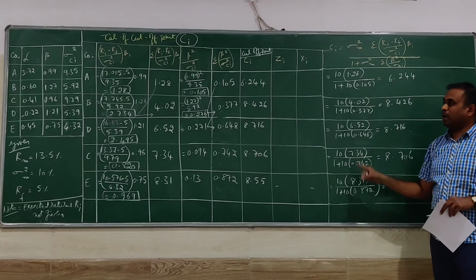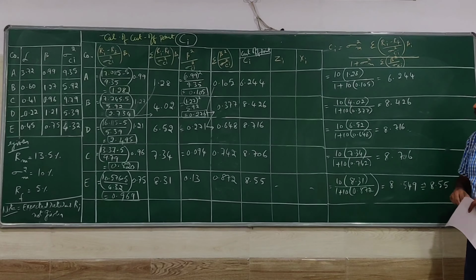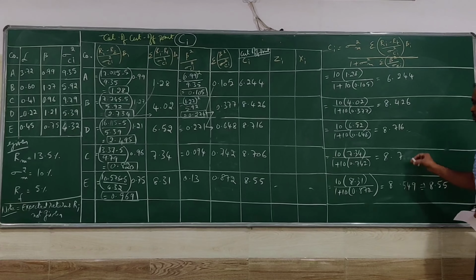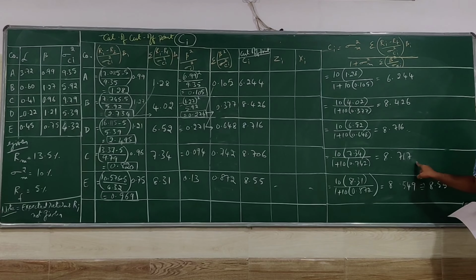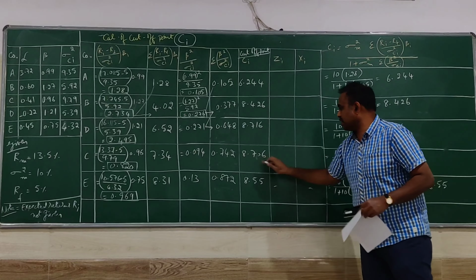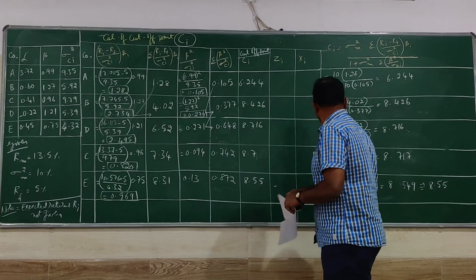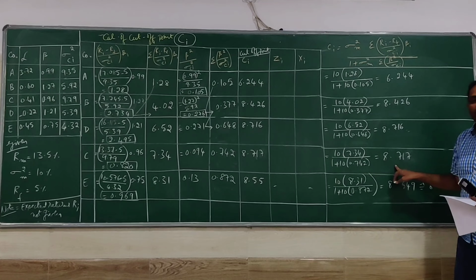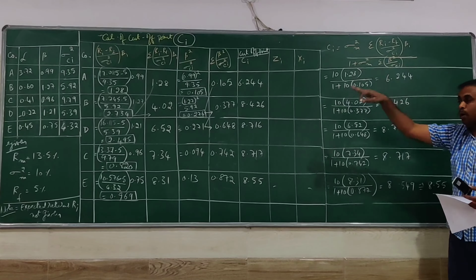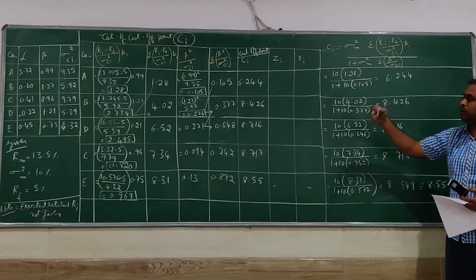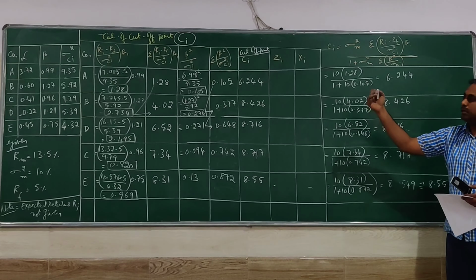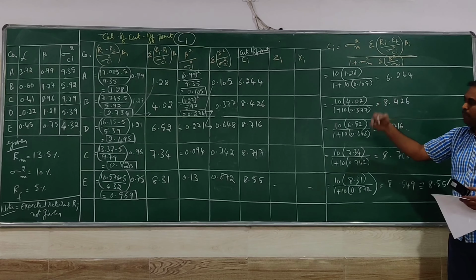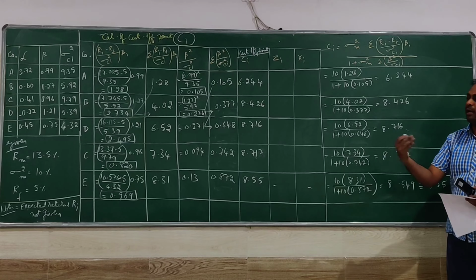I have done the cutoff point. The cutoff point, the C calculation, is going to be 8.717 instead of 706. So I am changing it to 717. So small variations will be happening throughout the problem, because when you are doing the calculation, the decimal points will give you different versions. So each other's value may differ a little bit.